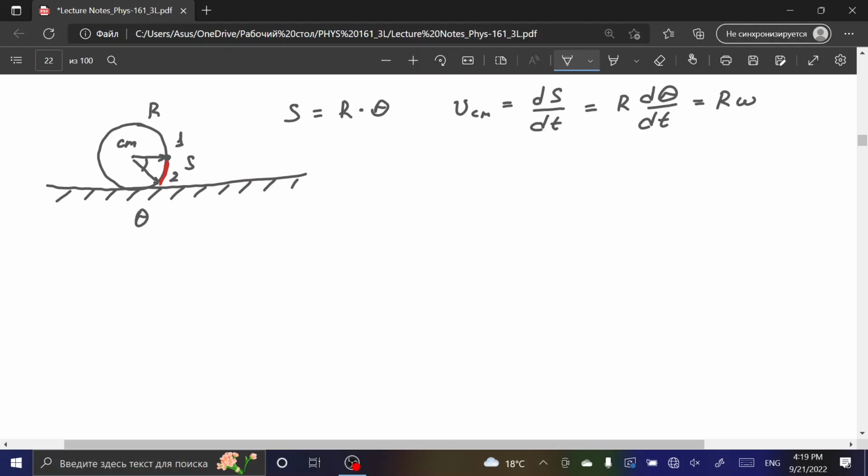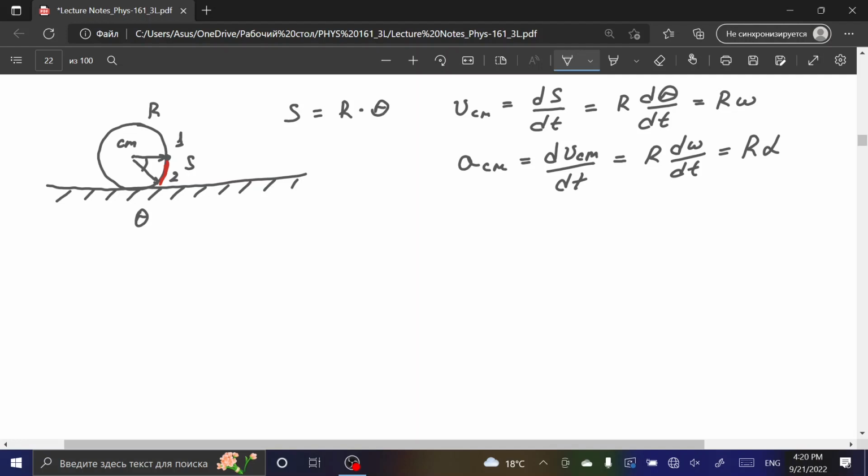Obviously, the same approach will be applicable for the acceleration of the center of mass. So that will be the first derivative of the velocity of the center of mass, equal to radius times the first derivative of angular velocity over time, and that is r times alpha, where alpha stands for angular acceleration.